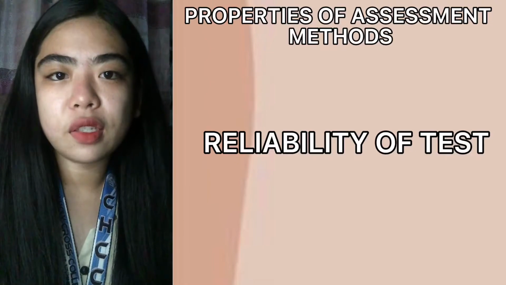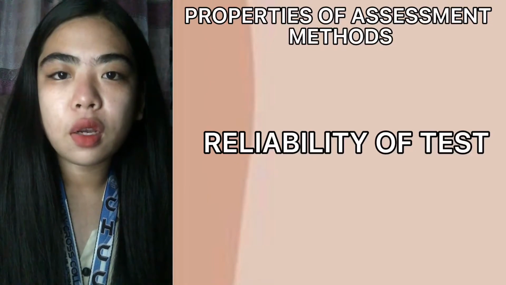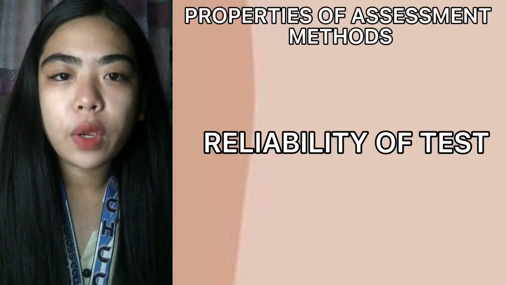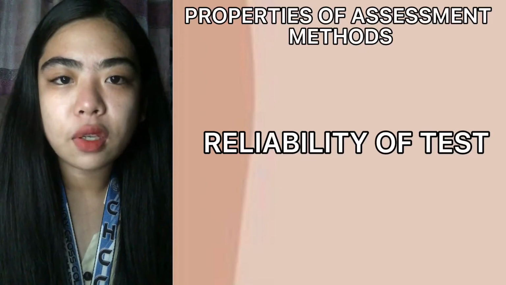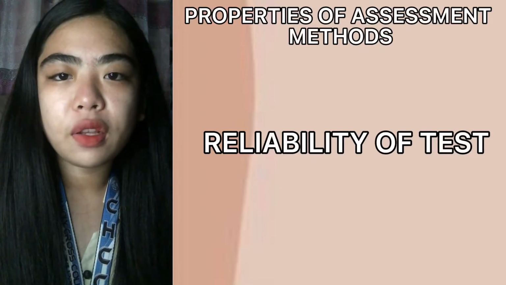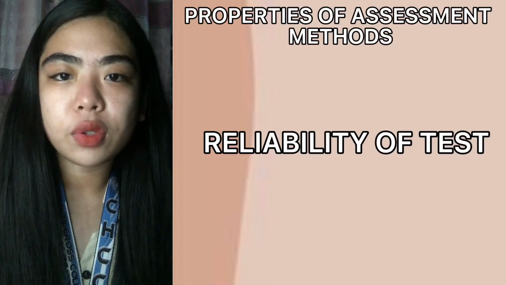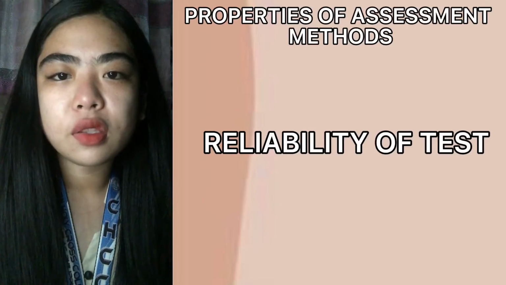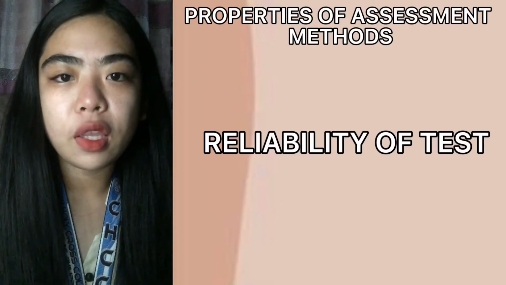So, next is the reliability of tests. It is the extent to which scores are consistent across different occasions of testing, different editions of the test, or different raters scoring the test takers' responses. It is also used to measure inter-rater reliability.